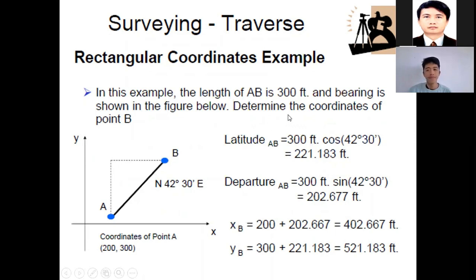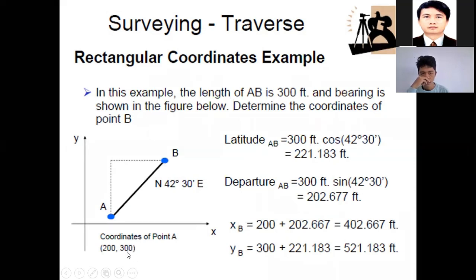Our task here is to simply determine the coordinates of point B given the coordinates of point A as 200, 300. The first value here represents the x value, which represents the unit distance of this point A with respect to the y-axis, while the second value represents the y value, the unit distance of this point A with respect to the x-axis. Both are positive, so we expect that it should lie in the first quadrant.